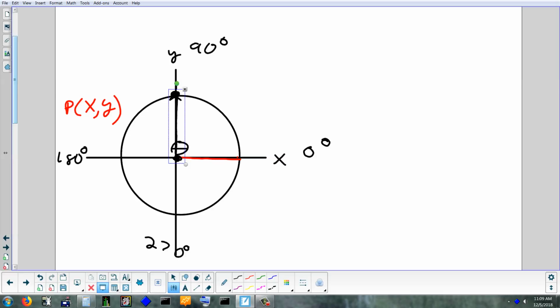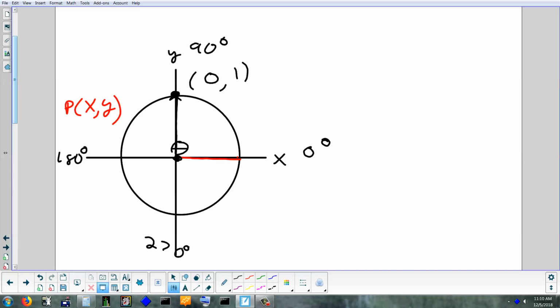It could be 1 foot, 1 inch, but whatever it is, it's 1 unit from the center to the edge of the circle. So if you go straight up to get to 90, do you go left and right at all? No. So what do you think the coordinate would be for 90 degrees? Yep, (0, 1). That's the coordinate for 90 degrees.